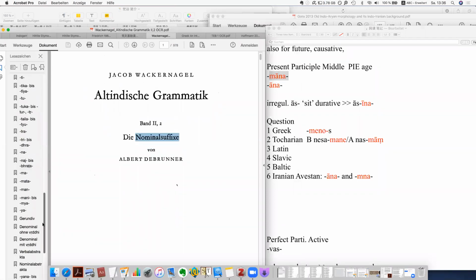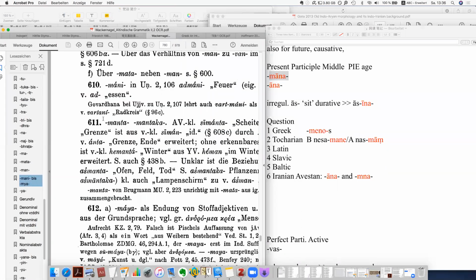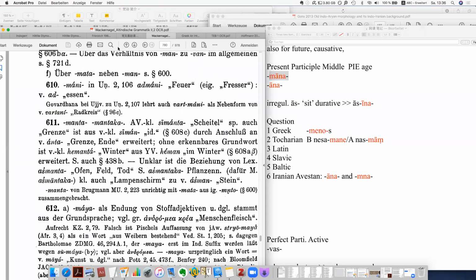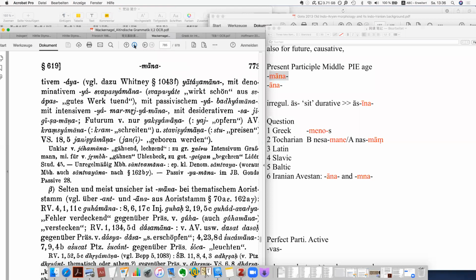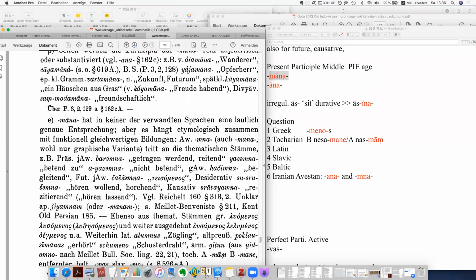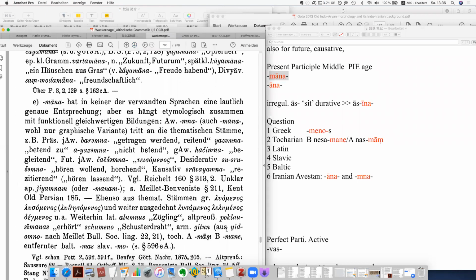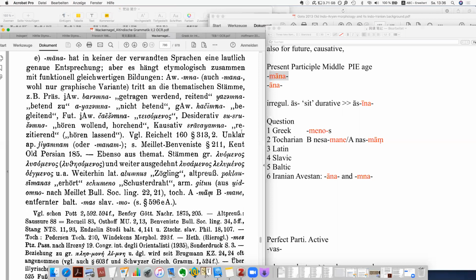I think you have the PDF file, right? So this is a book, and let's check it. So this māna, yes. This is actually the section about historical linguistics.